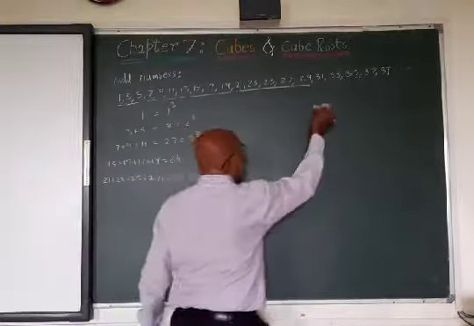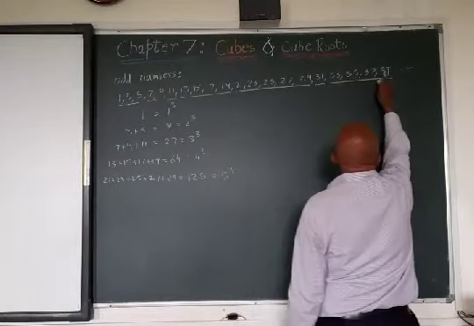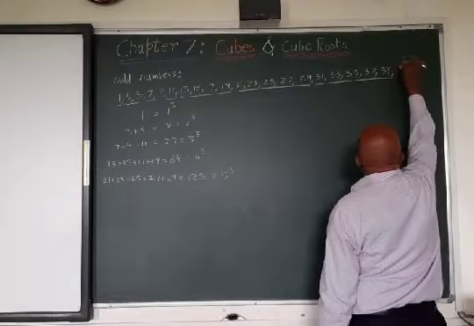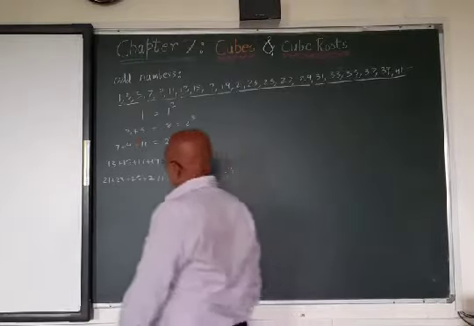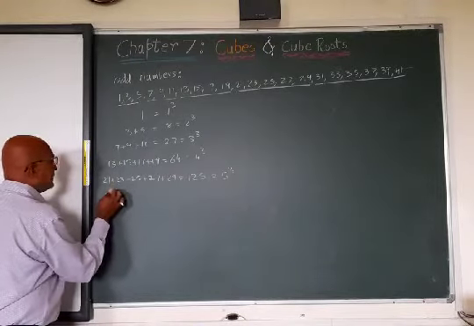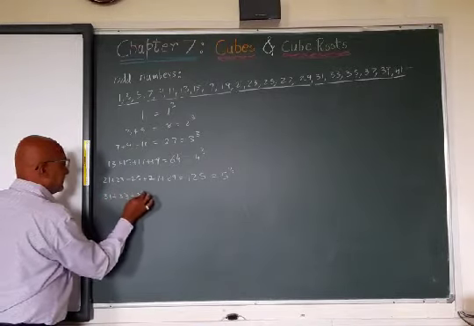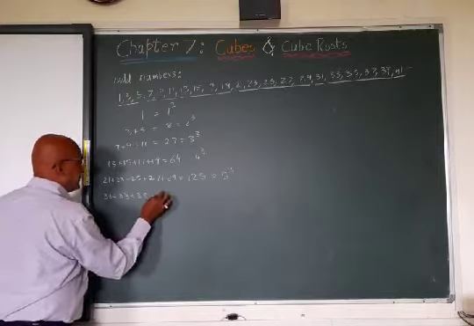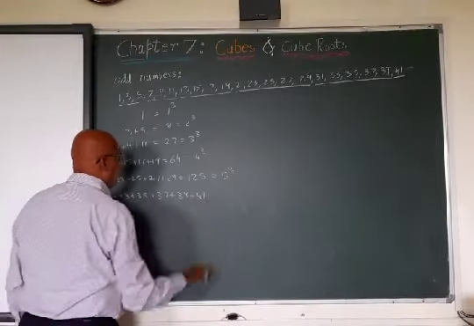Then the next 6 I will take. This is 1, 2, 3, 4, 5 and 41. This will be the 6th one. So if I take these 6, starting from 31, 31 plus 33 plus 35 plus 37 plus 39 plus 41.